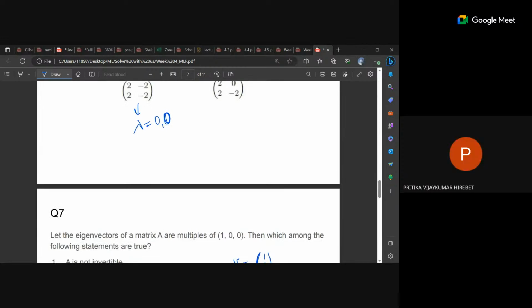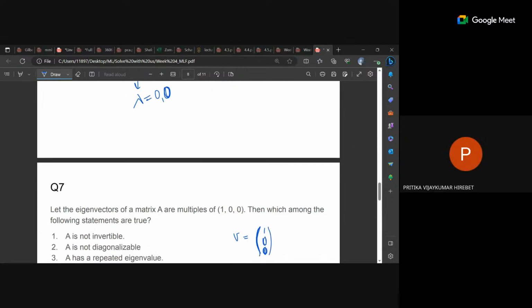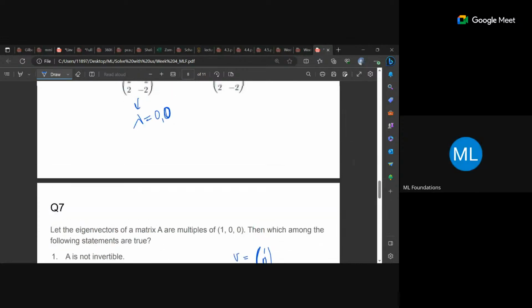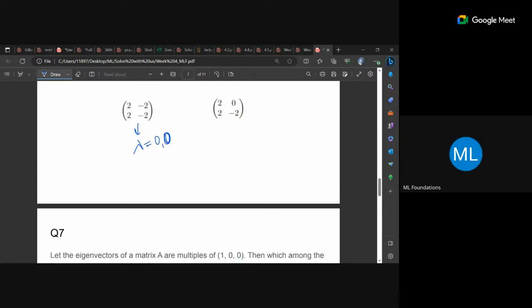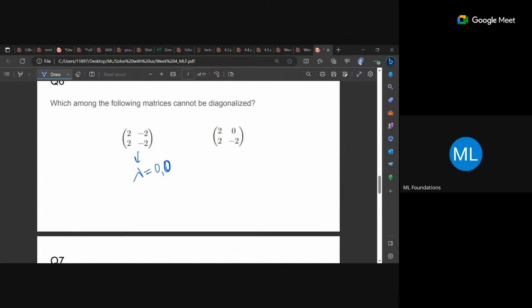Ma'am, what is the arithmetic and geometric multiplicity? Okay. So arithmetic multiplicity is like this. For example, let's say lambda square equals 0. So you will get lambda 1 and lambda 2.